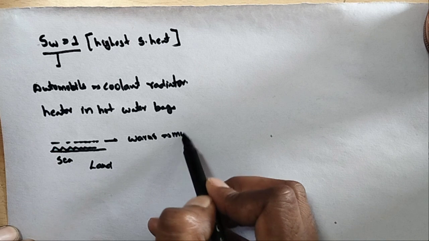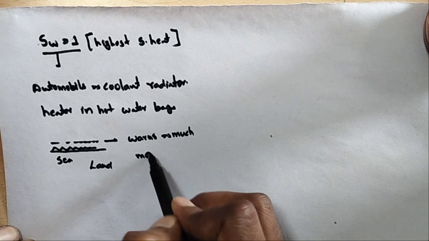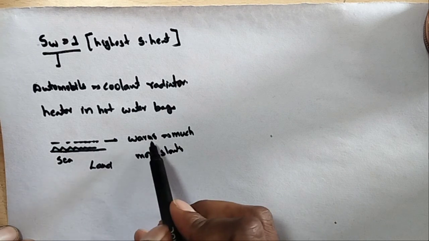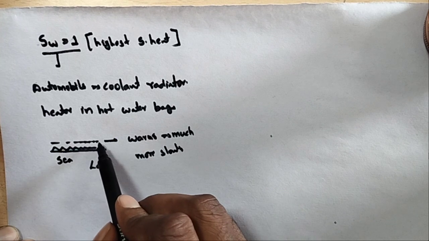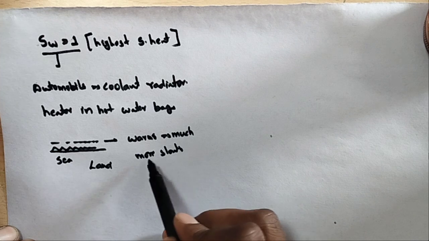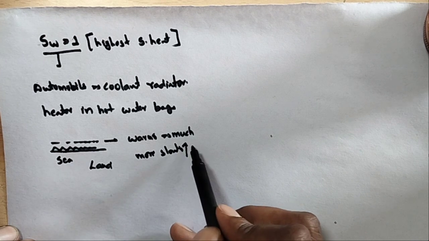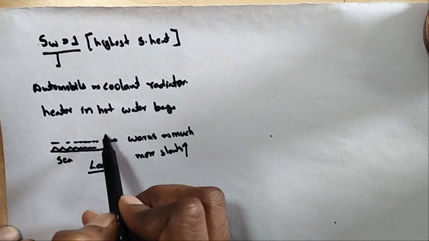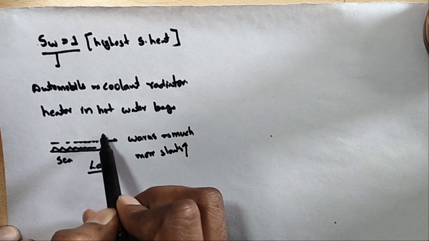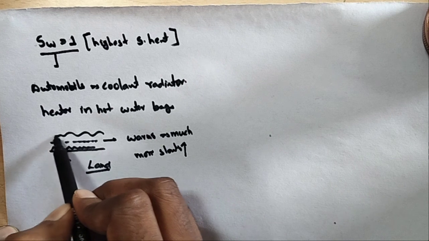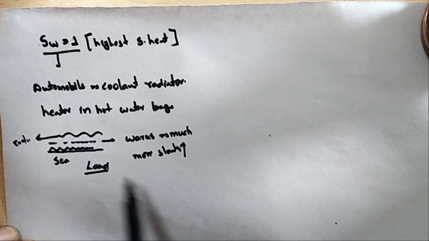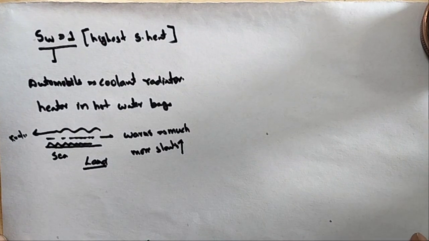Suppose the water is in the sea; its upper surface is heated much more slowly. Due to that, with respect to land, the air coming from the sea is cooling. This is also one application of specific heat.